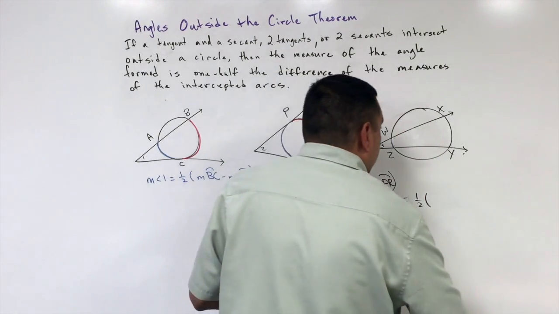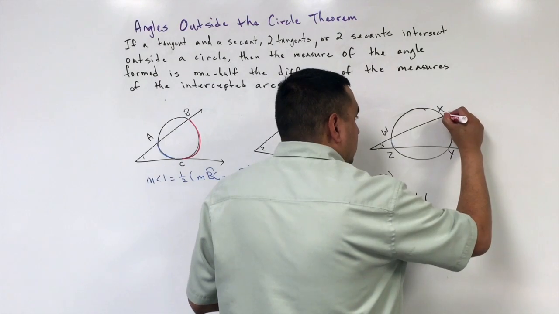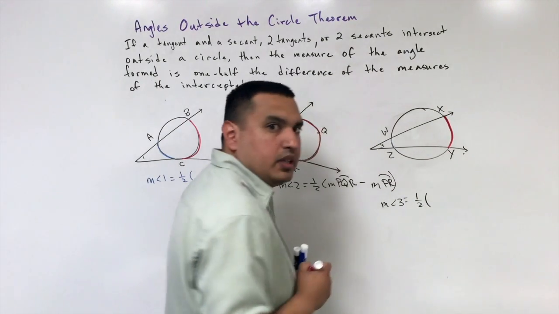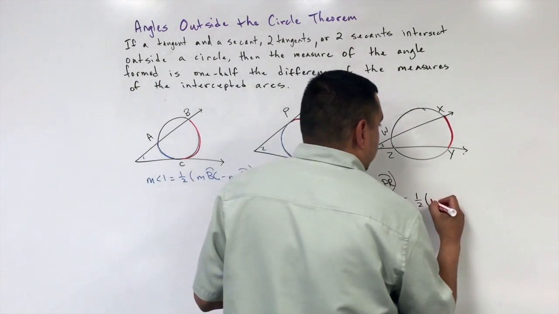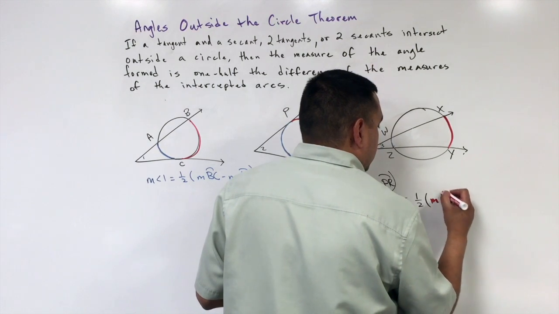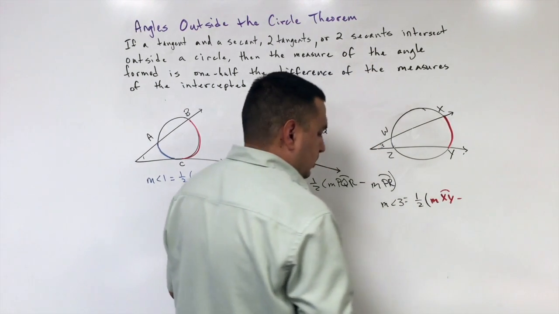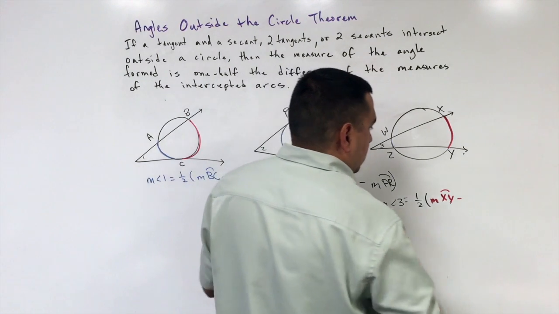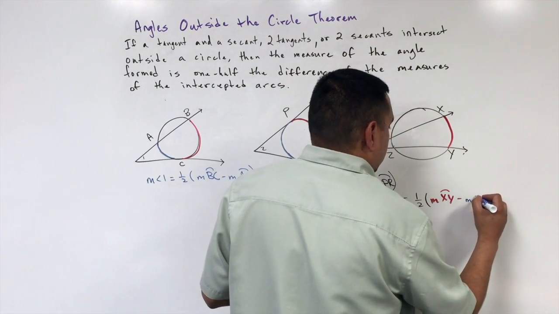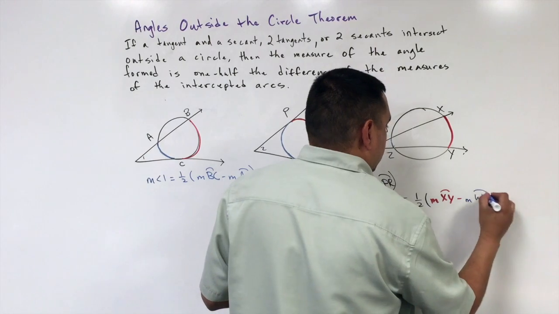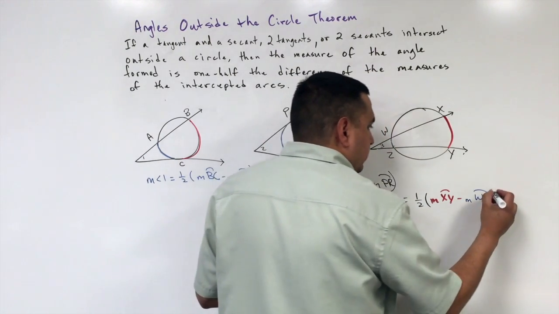The other intercepted arc is this arc XY here. So I want to subtract the measure of arc XY minus the measure of arc WZ. And that's going to give me the measure of angle 3.